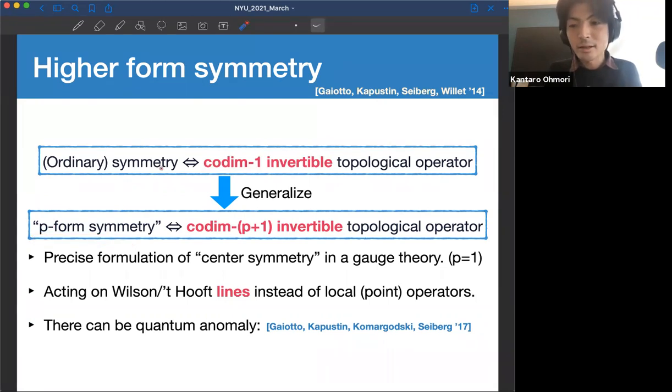So their generalization is not demanding the topological operator to be codimension 1, but it can be any codimension. When the codimension of the topological operator is p+1, then there exists a p-form symmetry. In particular, when p equals 1, that's a one-form symmetry, which is the precise formulation of the so-called center symmetry, corresponding to the center group of a gauge group.